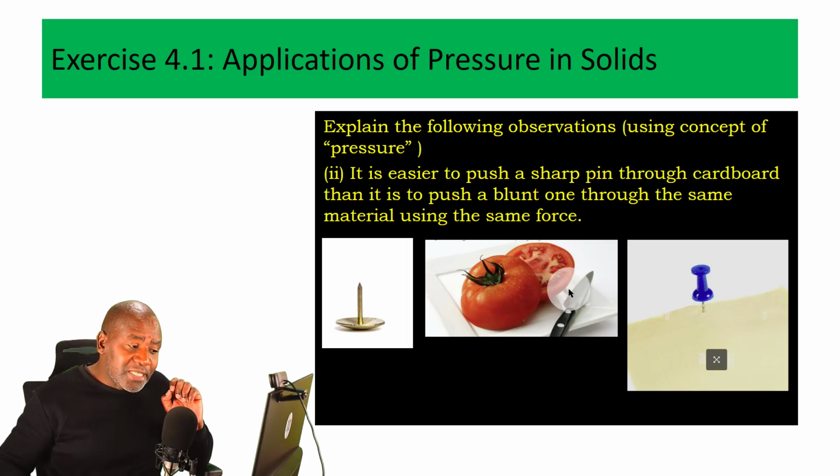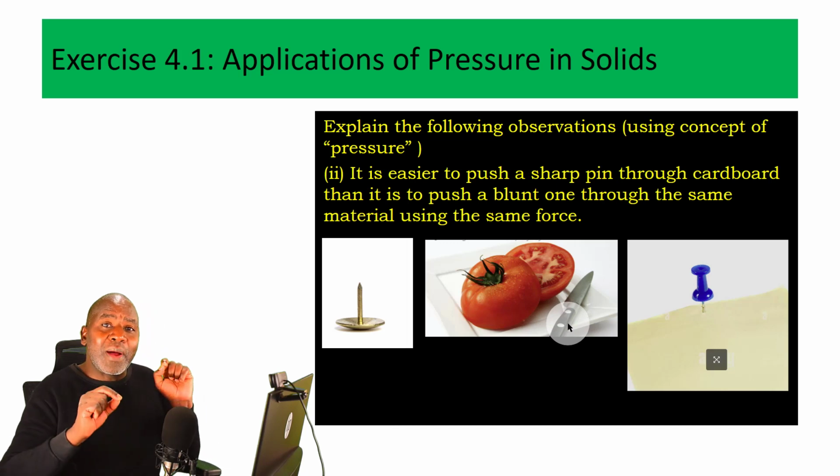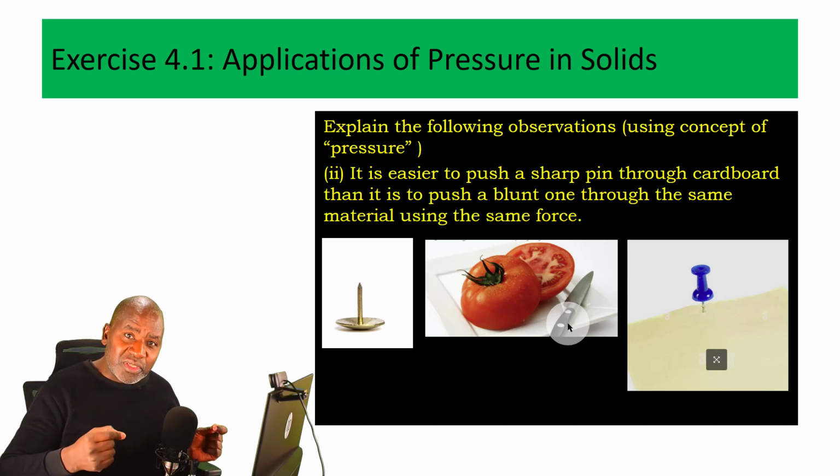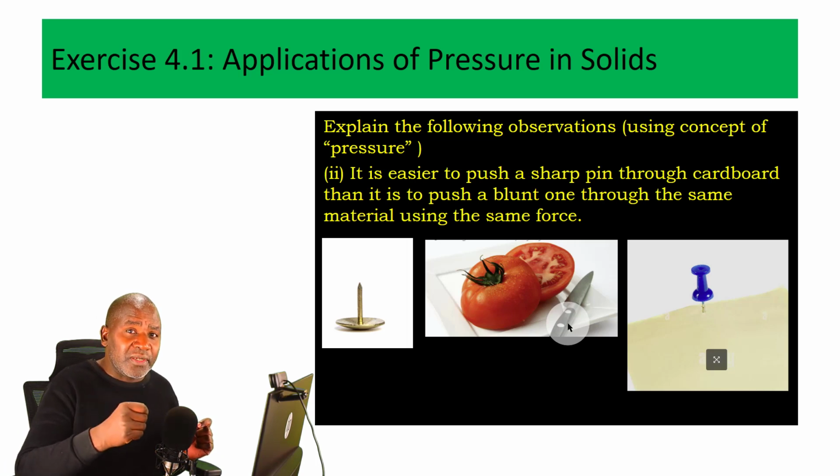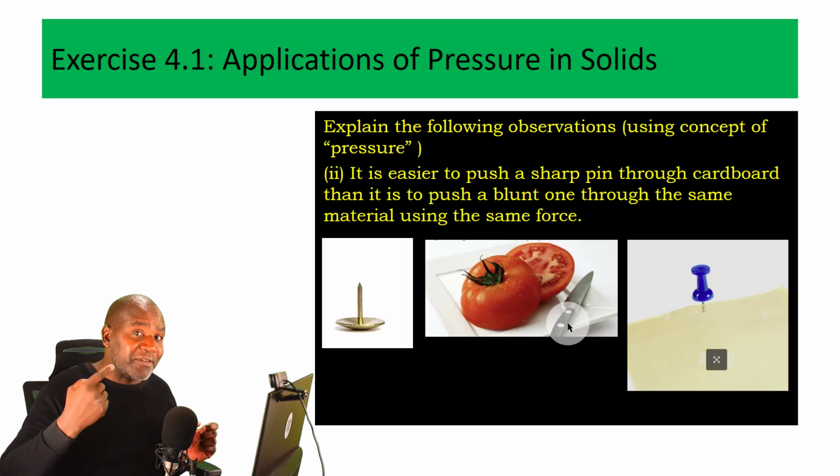So it is easier to work with a sharp knife because you only need to apply a small amount of force. That is why it is easier. You apply a small amount of force to cut. But if it is blunt, to develop sufficient pressure to cut that material or that object, you might need to increase the force significantly.